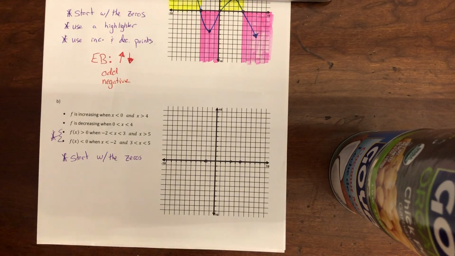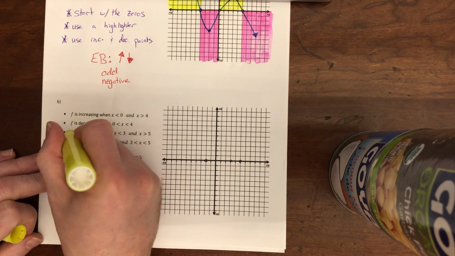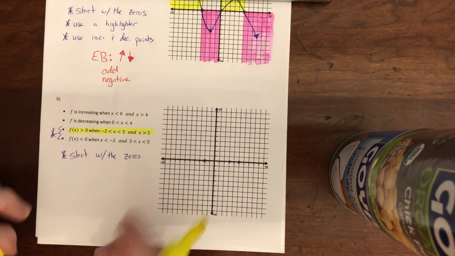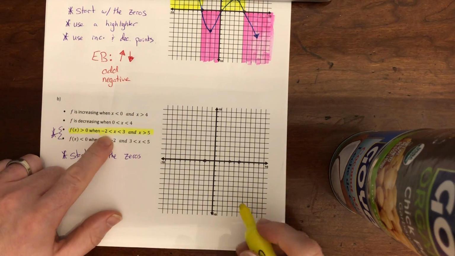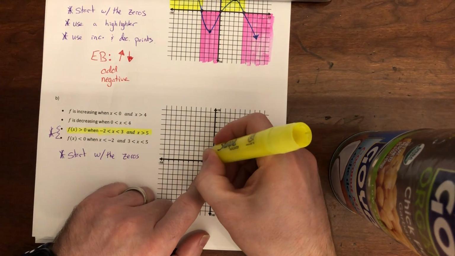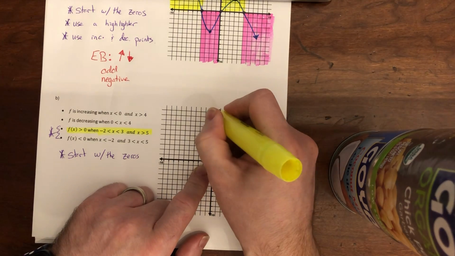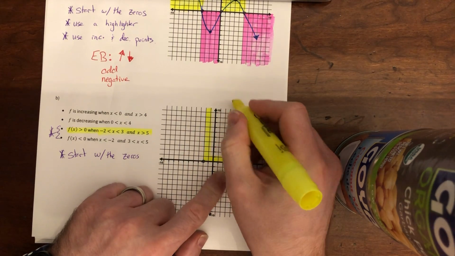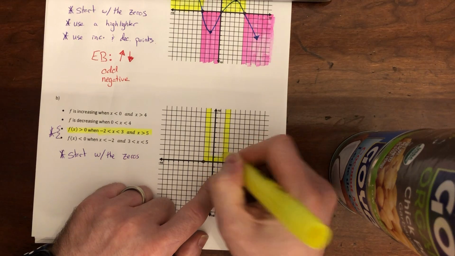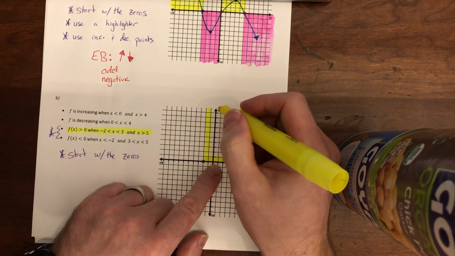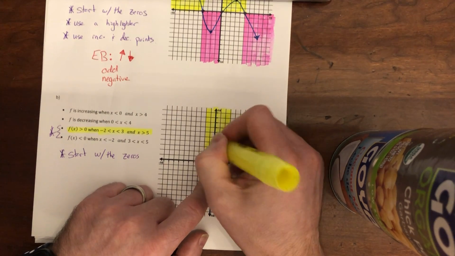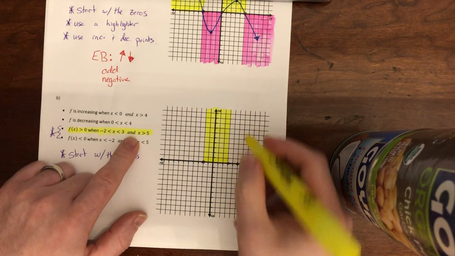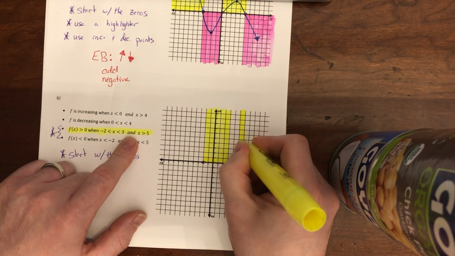All right, so now we take our highlighter, and now we're going to say, well, our function is greater than 0 between -2 and 3. And when x is greater than 5.